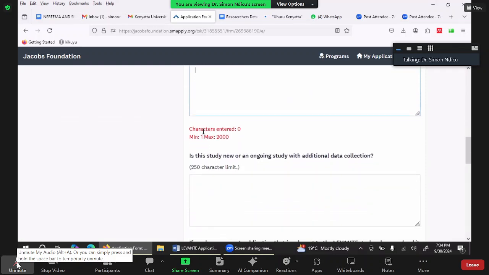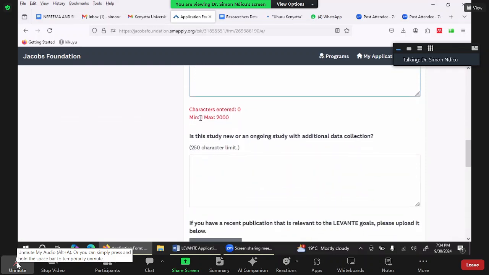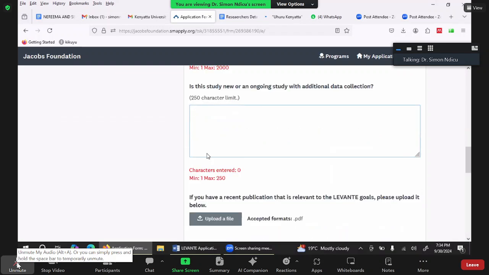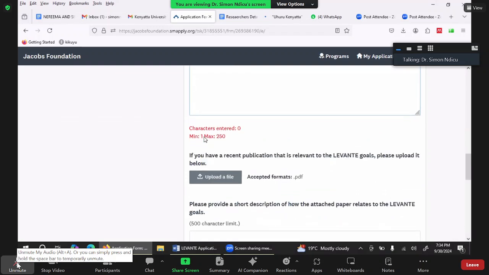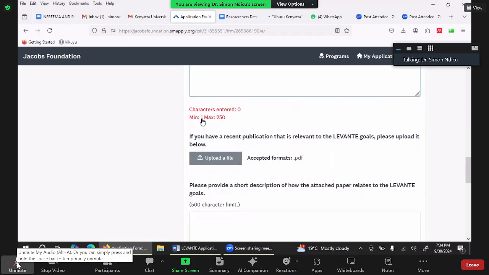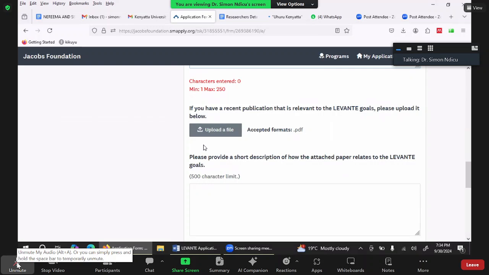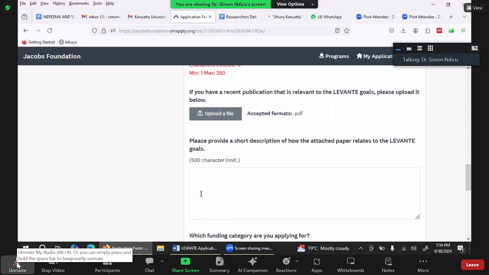And then you're being asked, is this study new or an ongoing study with additional data collection? So there is space here to provide that. And then they're asking if the principal investigator has previous publications relevant to LEVANTE, and they are providing a space to upload the previous publications.